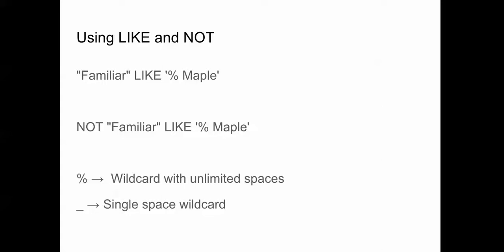Well, we want just maples, but we need to make sure that that first letter can be treated as either a capital or a lowercase. Or imagine you have the name Catherine. We don't know whether people spelled it with a K or with a C. By using a single space wildcard at the location of the C or K, we'll get back both options. So let's take a look at how this runs.